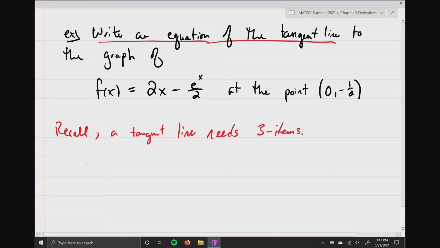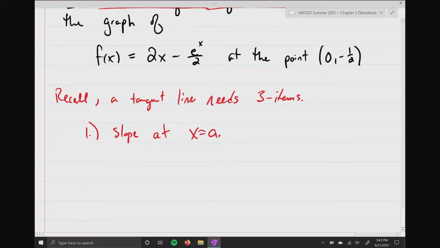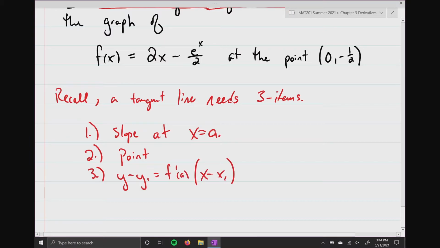First, you've got to have your slope at x equals some value. Second, you've got to have a point. And third, you're going to use the point slope form, where your slope is the derivative evaluated at some specific value, we'll call it a. So for us, I'm just going to draw a little line here because it's not going to take too much space. First, let's find the slope at x equals a.